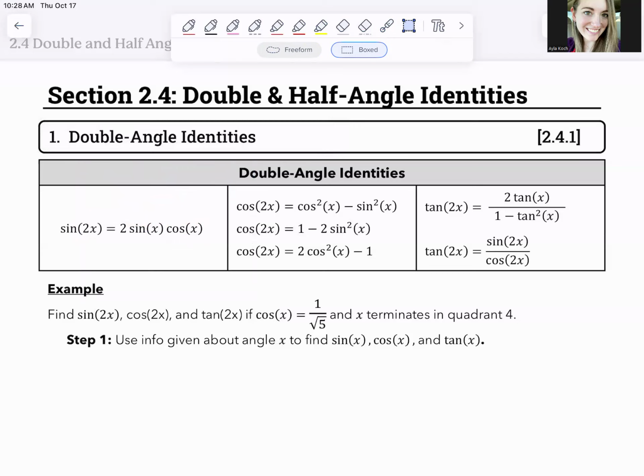So for both double angle identities and half angle identities, which we'll talk about in another video, there's a lot of record keeping that you need to keep track of. There's the angle x, and then there's the double angle 2x. And then when we get to half angles, there's going to be x and then x over 2.